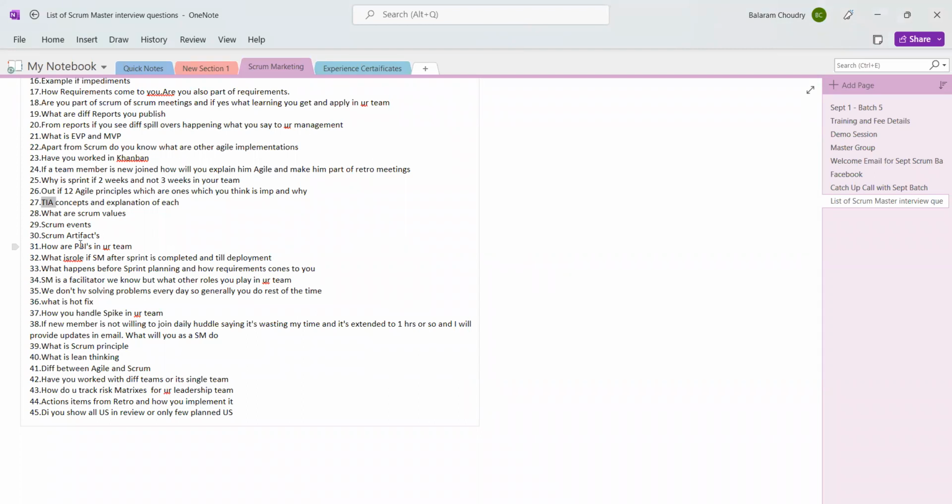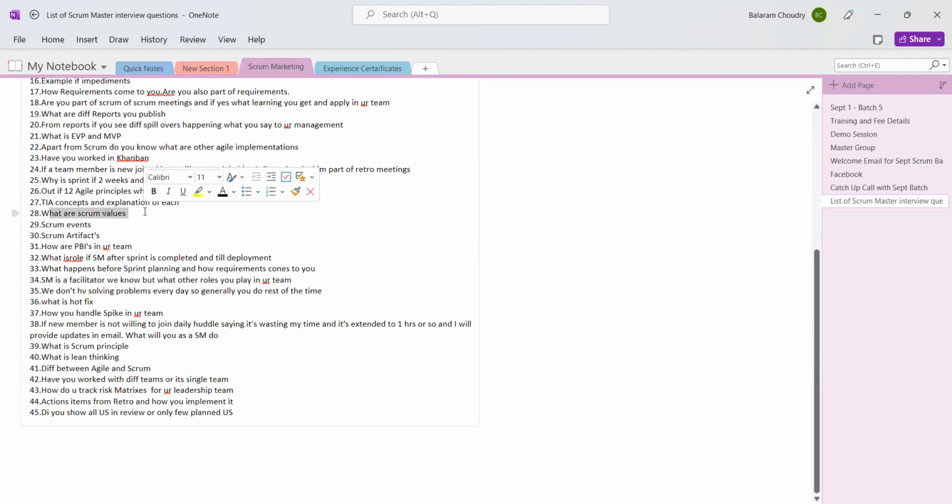Inspection is a way to look at what is not working and how we can improve things. Adaptation is when you plan to make things work: what is it that you want to adapt? You have identified the things we need to change, and adaptation makes sure you are adapting to those changes. So talk along those lines; it is easy to talk about these three pillars of empiricism.